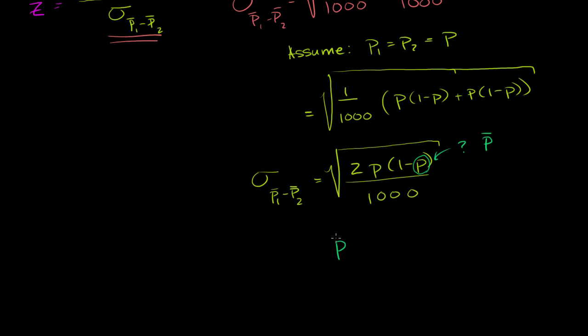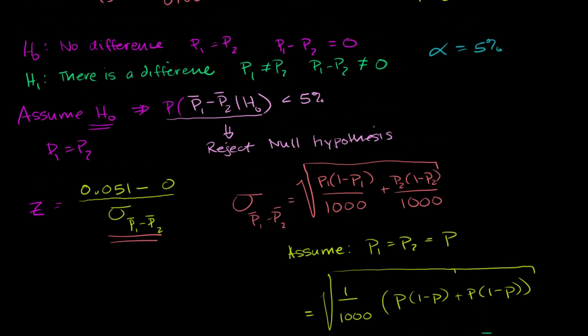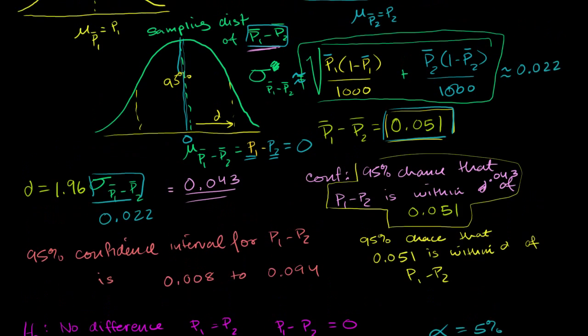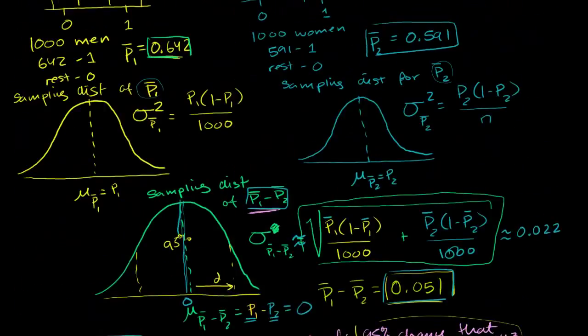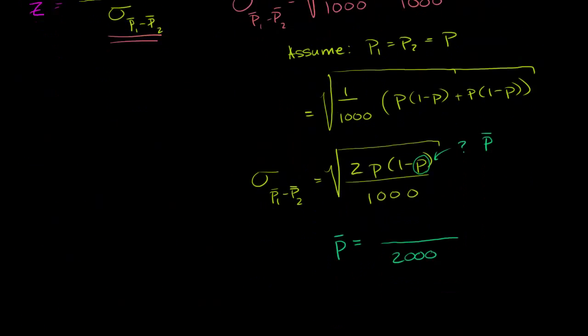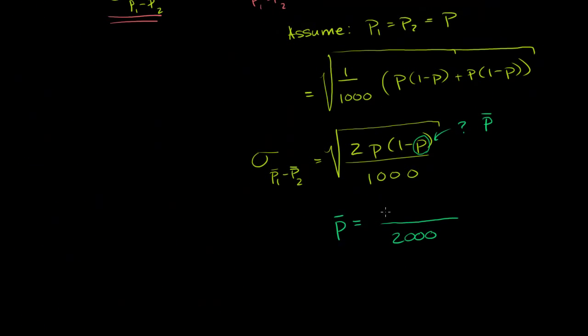So your sample proportion is going to be equal to, we're surveying a total of 2,000 people, 1,000 men and 1,000 women, but we're assuming that they're no different. That's what our null hypothesis is all about, assuming there's no difference between men and women. Let's go back to our original: we got 642 yeses amongst the men and 591 amongst the women. So it is 642 plus 591.